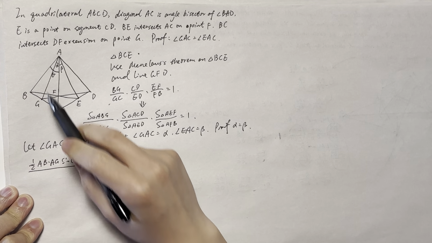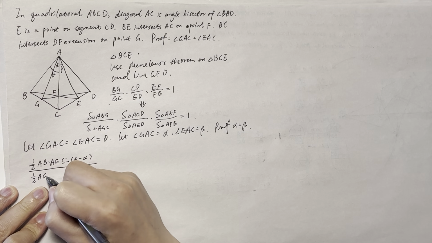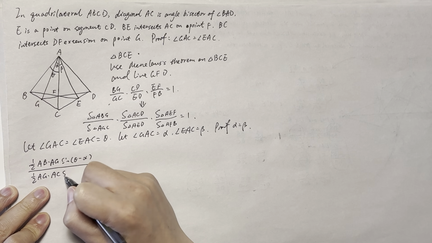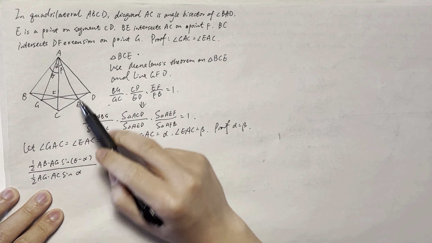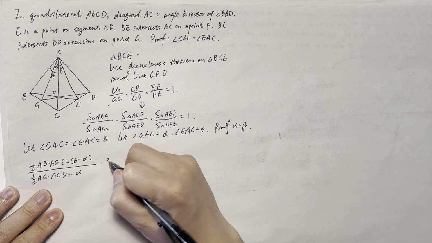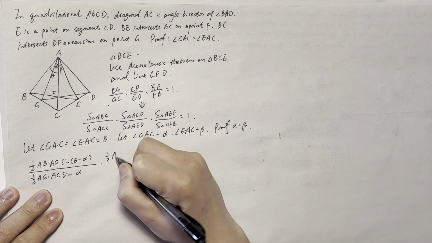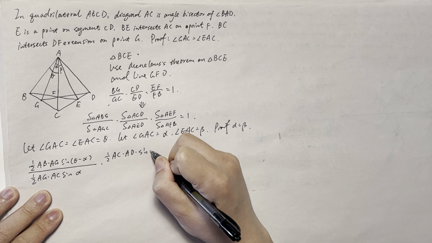And for AGC, that's half times AG times AC times sine alpha. And for ACD, the area of ACD can be written as half times AC times AD times sine theta.